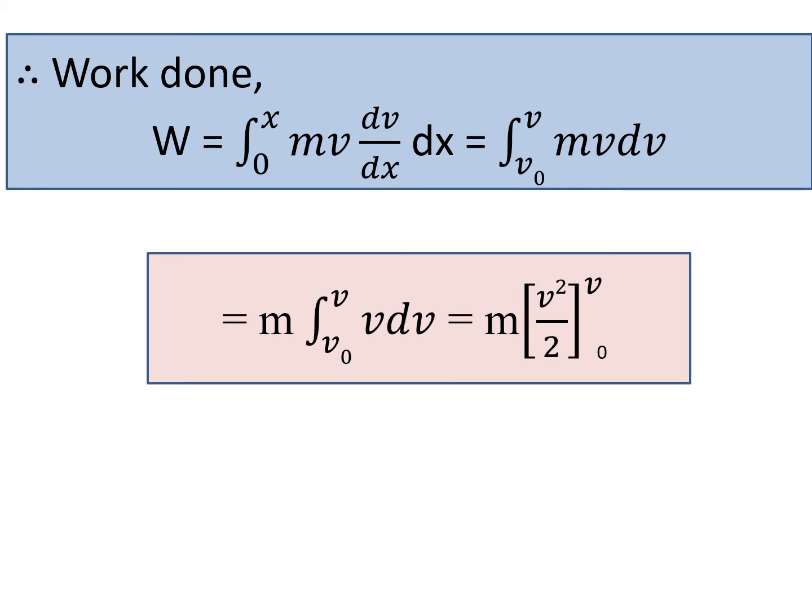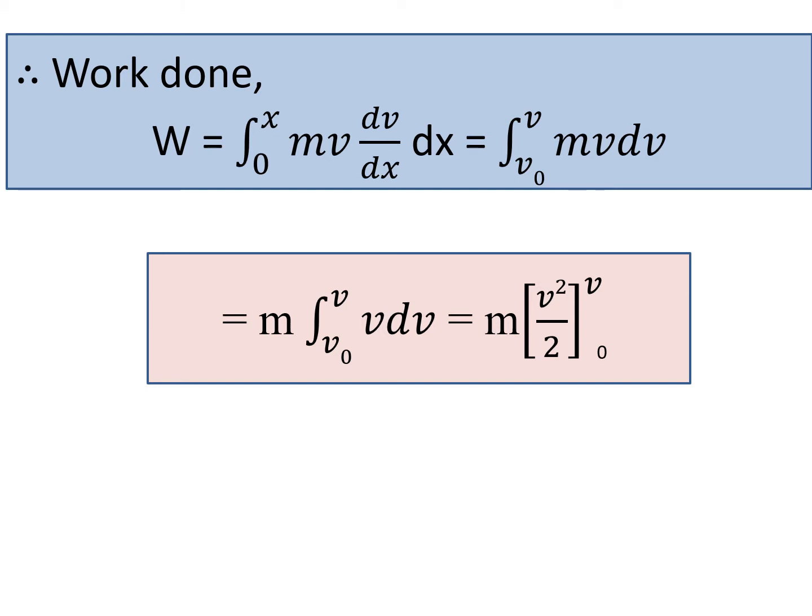Actually, here v is to the index 1. From the formula of integration, we can write 1 plus 1, that is v square, and we get 2. It will be divided by 2. The v naught is the lower value and v is the upper value of velocity.